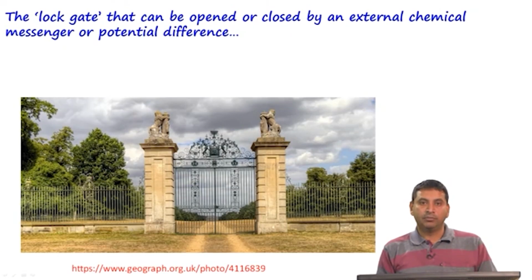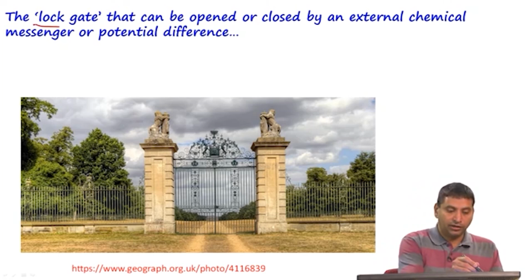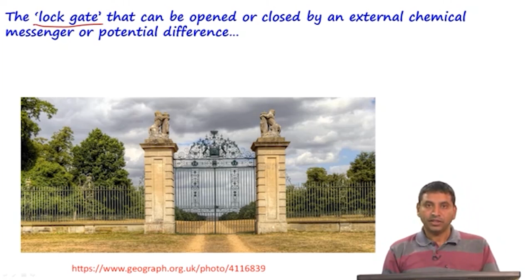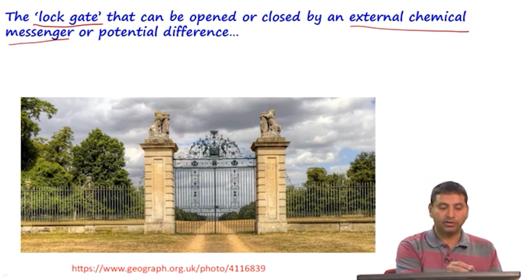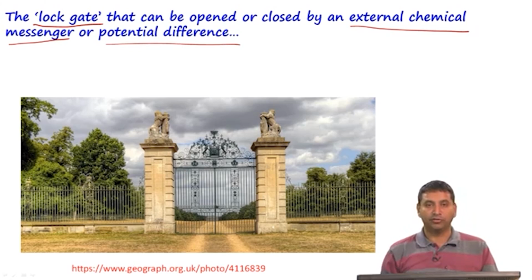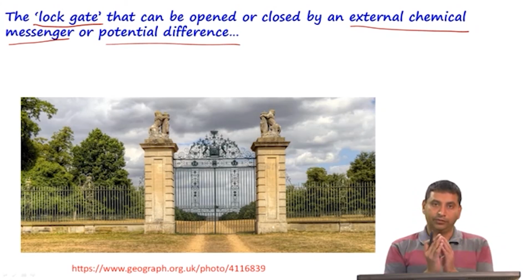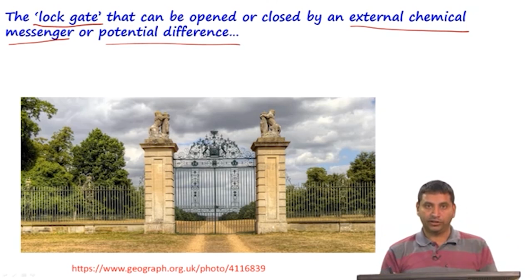In the example picture we looked at earlier, we had this gate that can be opened or closed by an external chemical messenger or by potential difference. This gate can open if you have a difference in potential between the inside and outside. This is the difference between a ligand gated ion channel and a voltage gated ion channel.